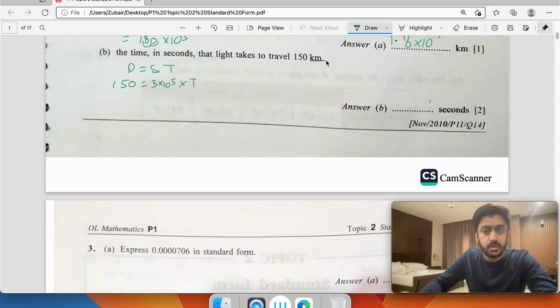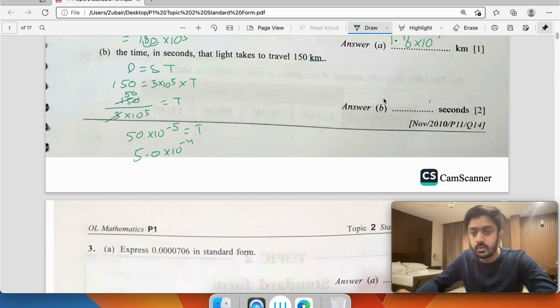Units are compatible, kilometer and kilometer per second. 150 over 3 times 10 raised to power 5 is equal to time. 3 1 times, 3 5 times. So 50 divided by 5 zeros, this is 50 times 10 raised to power minus 5, rules of indices. And 5.0 times 10 raised to power minus 4. You reduce this, then you increase this.